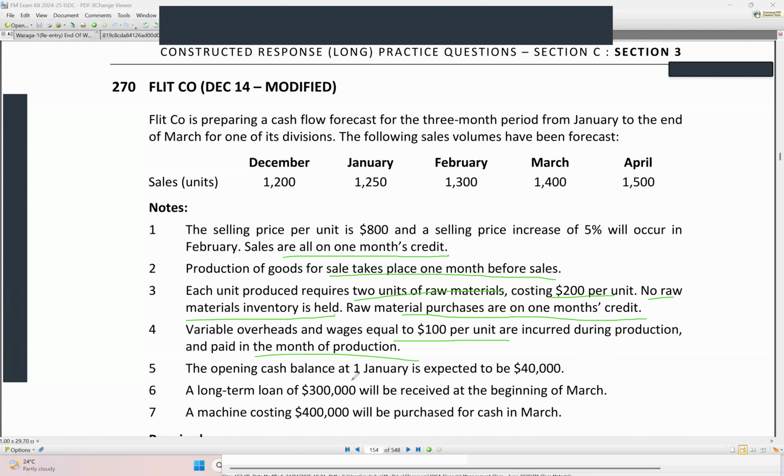The opening cash balance on 1st January is 40,000. A long-term loan of 300,000 will be received at the beginning of March. And a machine costing this much will be purchased for cash in March.